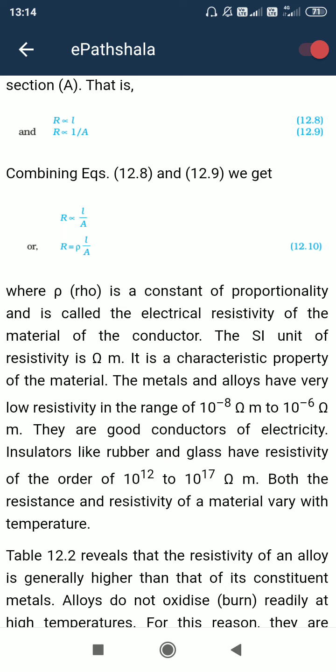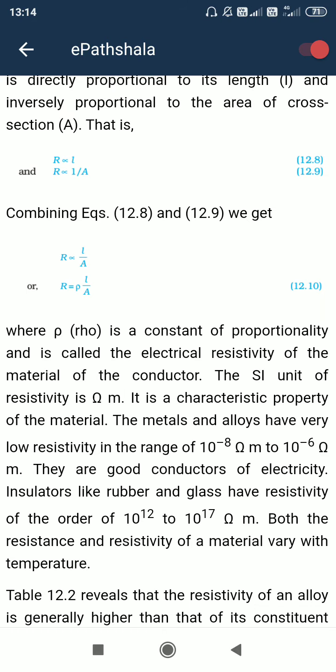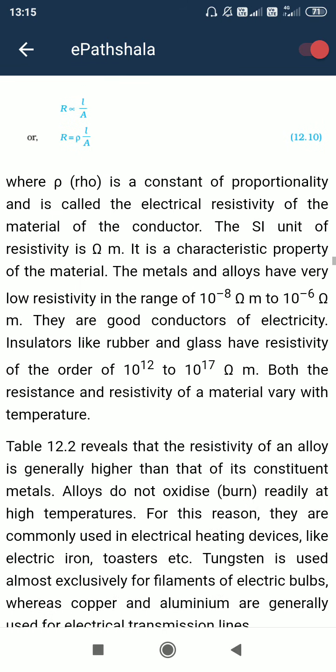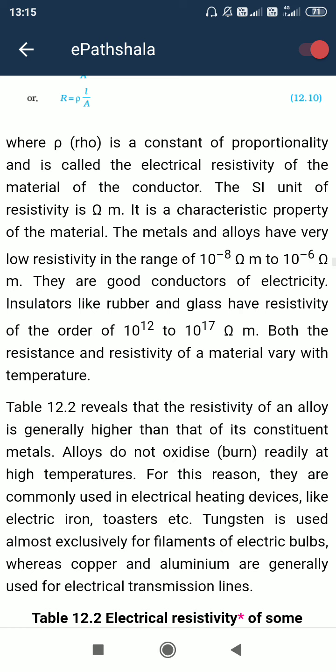Increase in area means decrease in resistance; increase in length means increase in resistance. So R equals rho L by A, where rho is the resistivity and is the proportionality constant. We must remember this relation: resistance equals resistivity rho times L by A, the length of the material divided by the area of the material.